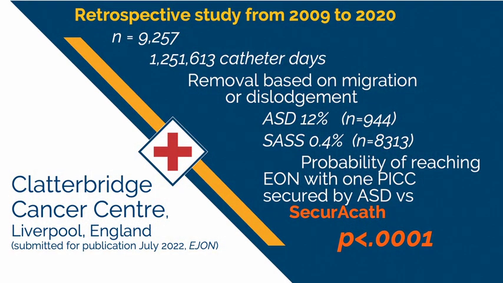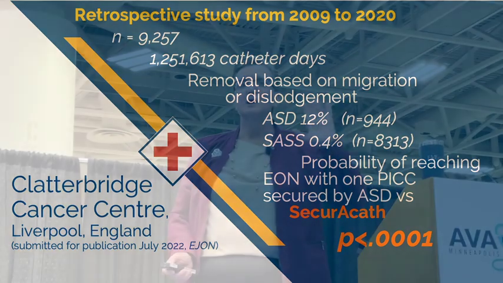All right. Retrospective study real quick that's in the process of publication. Basically, we looked at over 1 million catheter days, over 9,000 patients, and this was the difference. And these are people who had their catheters for 150 days, 160 days, a long time, okay?